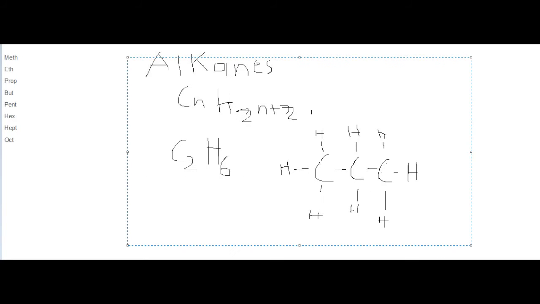Now let's look at alkenes. Alkenes are very similar to alkanes, but they have a slightly different general formula.